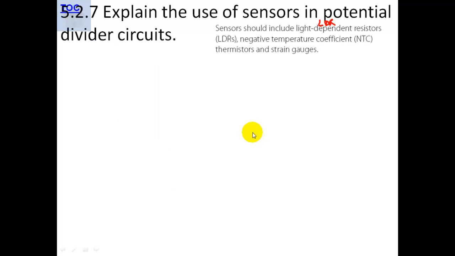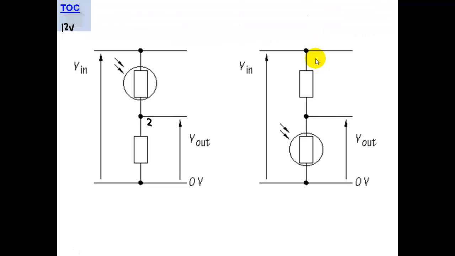Explain the use of sensors in potential divider circuits. You should know about light-dependent resistors, negative temperature coefficient thermistors, thermally dependent resistors, and strain gauges. This is a light-dependent resistor.